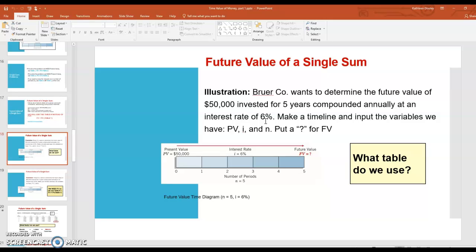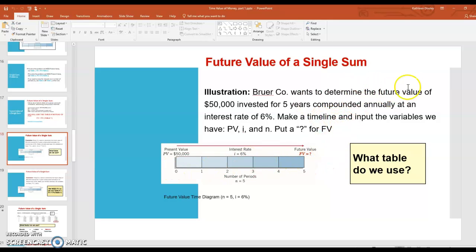You personally need to figure out which of these is the PV and the FV and the I and the N. All of that stuff you still need to come up with. So it's still helpful, even with this, to make your timeline.